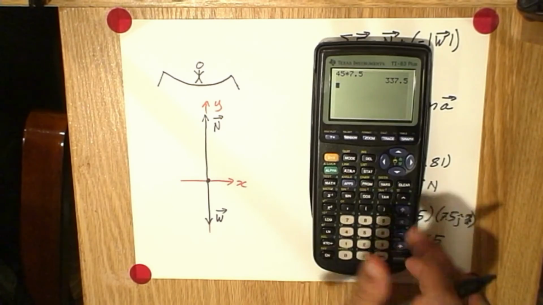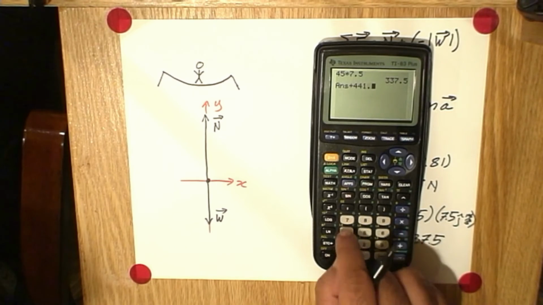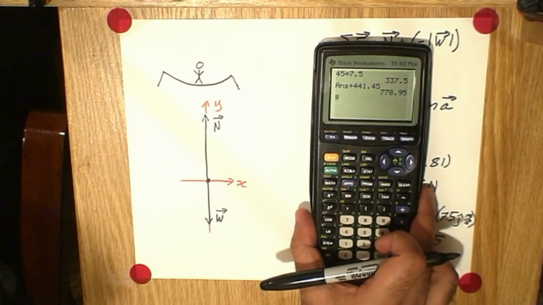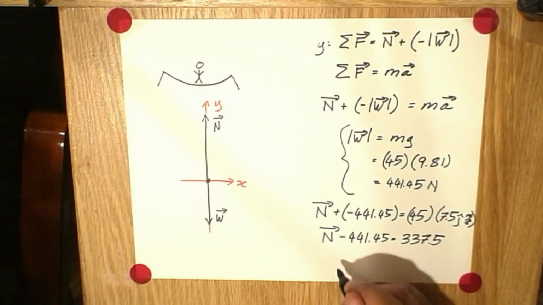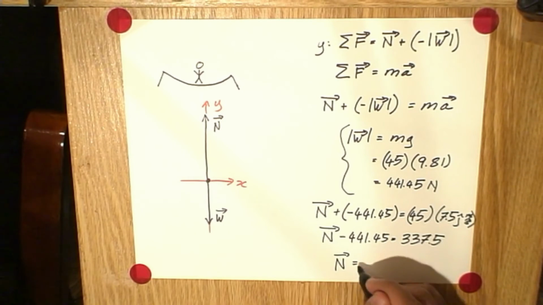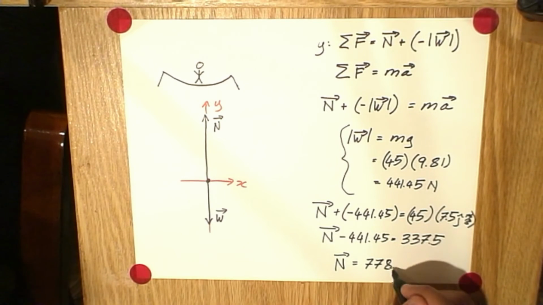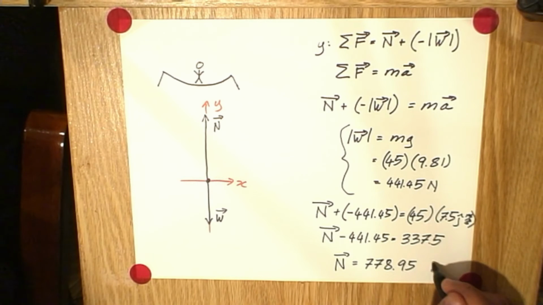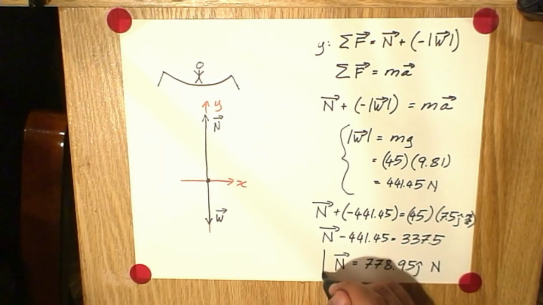And then that plus 441.45 is 778.95. So the normal force being exerted by the trampoline is 778.95 newtons, and this would be in the j hat direction.